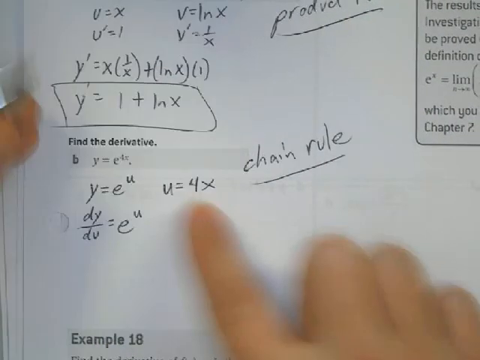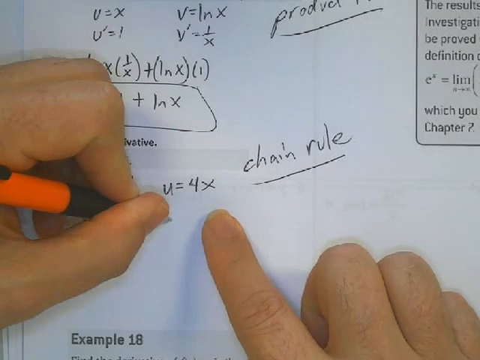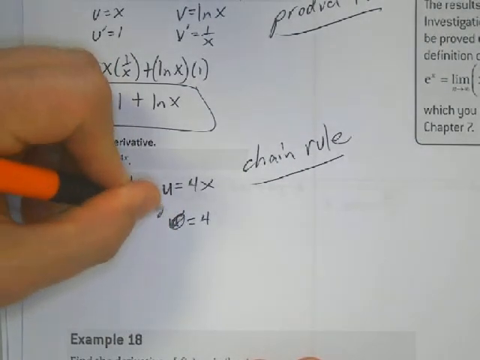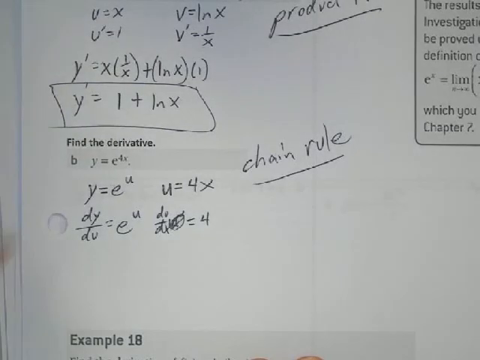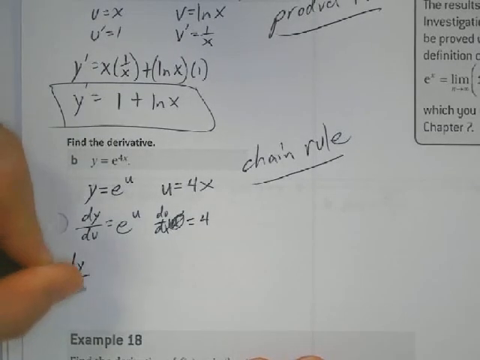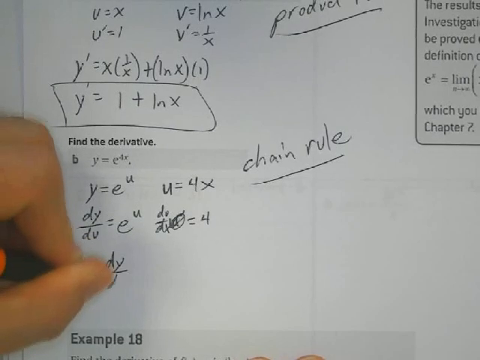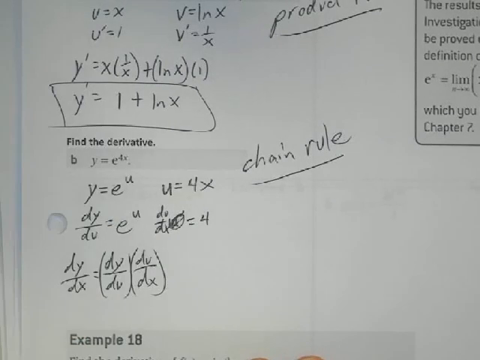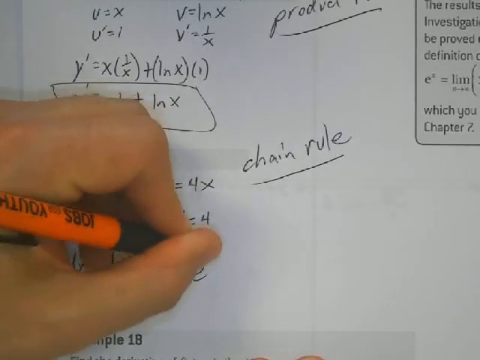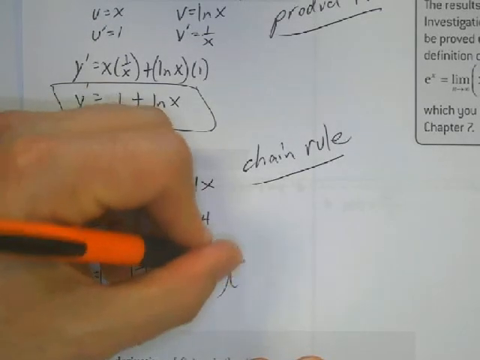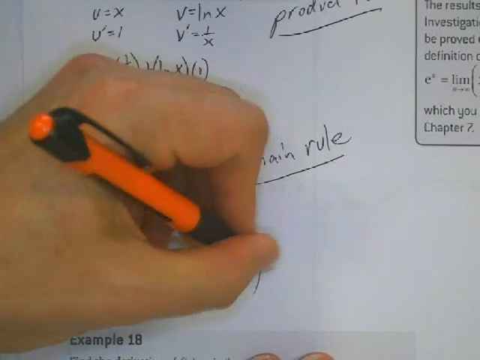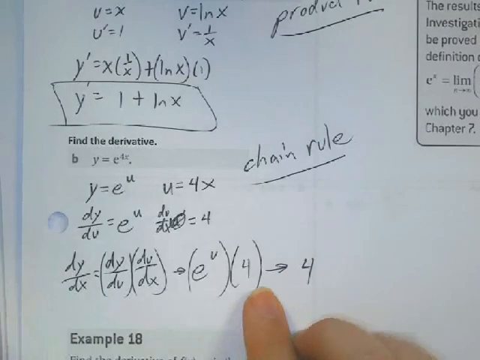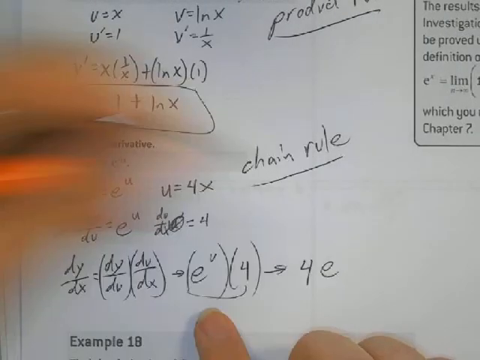And if u is equal to 4x, then du dx is equal to 4. Chain rule says dy dx equals dy du times du dx, right? So that's going to give me e to the power of u times 4. And then we can simplify this now, and we get 4, because I'm going to put that in the front, and then e to the power, I'm going to replace u with 4x.